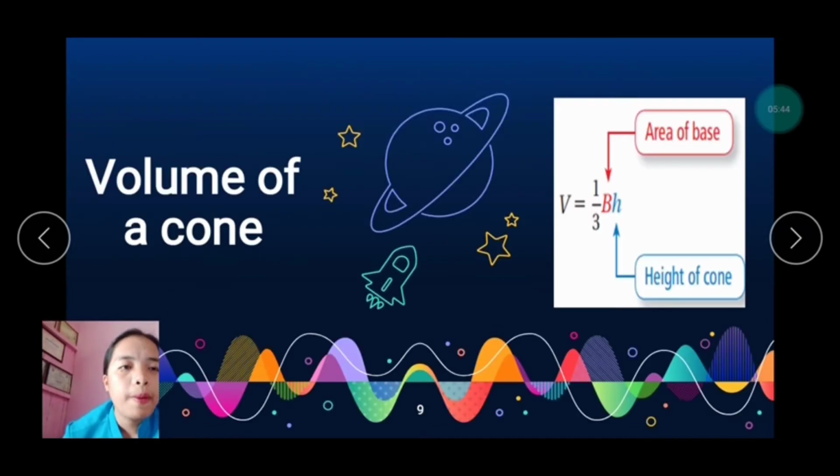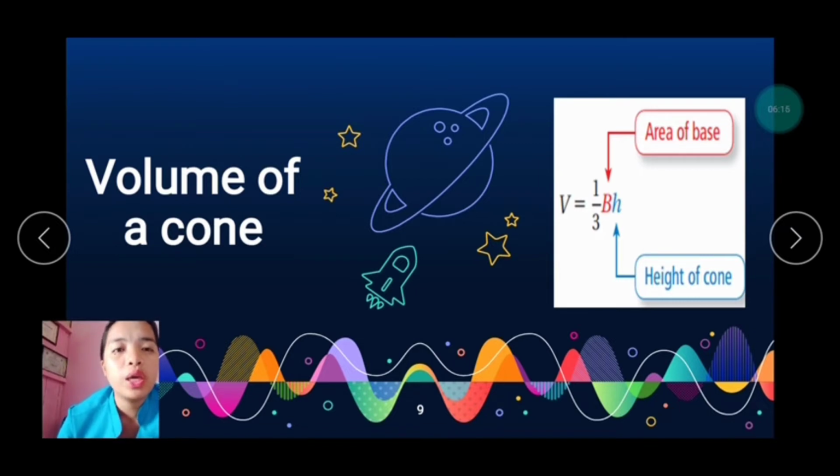Next, paano pag kailangan nato pangitaon ang volume of a cone? So, always remember class, nag-discuss ko about sa pyramid, ang formula sa volume of a pyramid is 1/3 times the area of the base and the height of the pyramid.